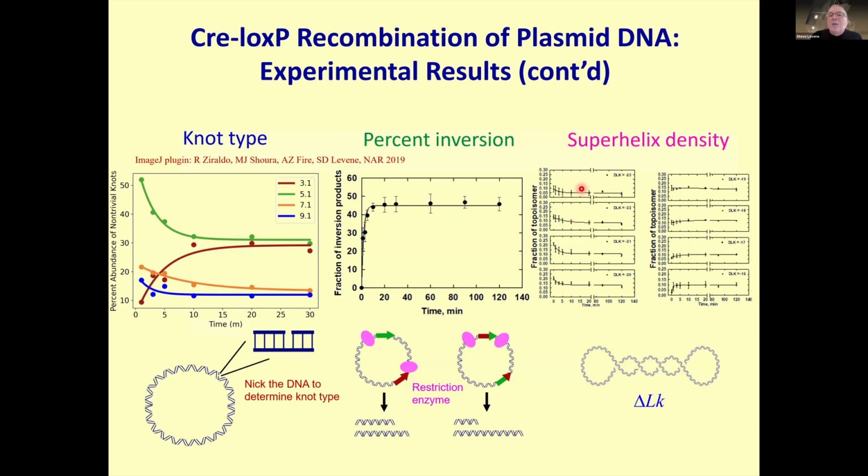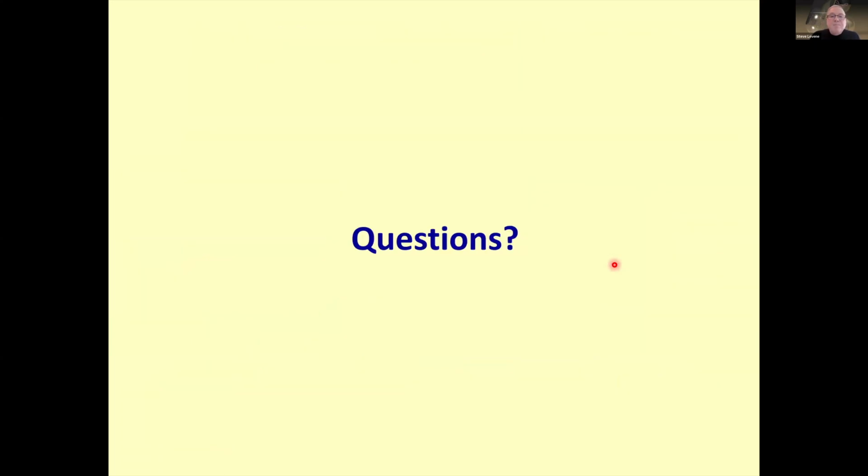This is for a delta Lk of -23, which is close to the mean value for natively supercoiled DNA, -22, -21, etc. And so we can quantitate that for each of those topoisomer bands. Okay, so that's more or less the experimental part of this project. Are there further questions?